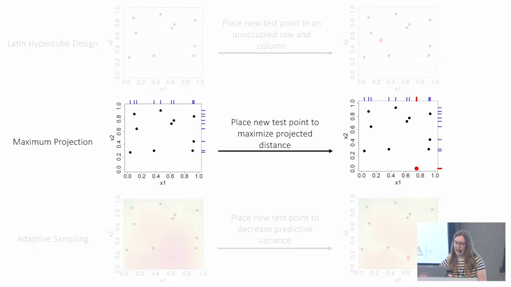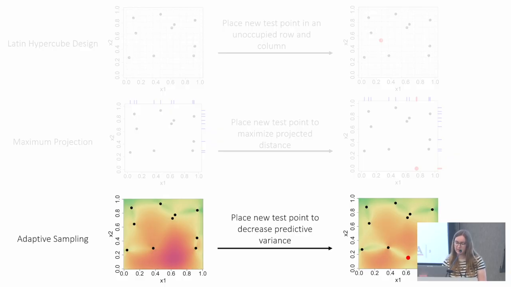Separately, we're going to look at the projection of x2, which has a very large gap from about 0.0 to 0.3, and we're going to place our new test point there in the x2 dimension. Once we combine those projections together, we get that new red point, which you can see lines up with the red line on each dimension, and that's our new testing location.